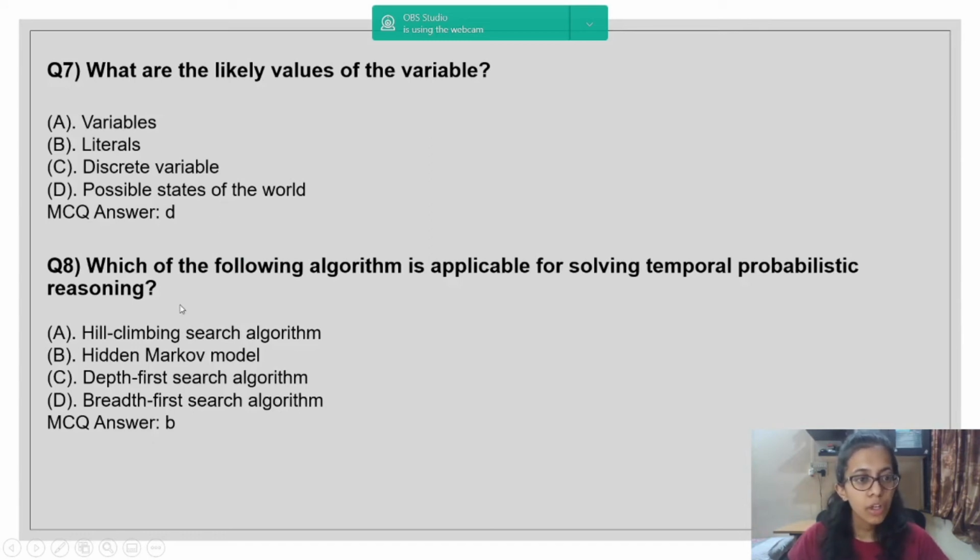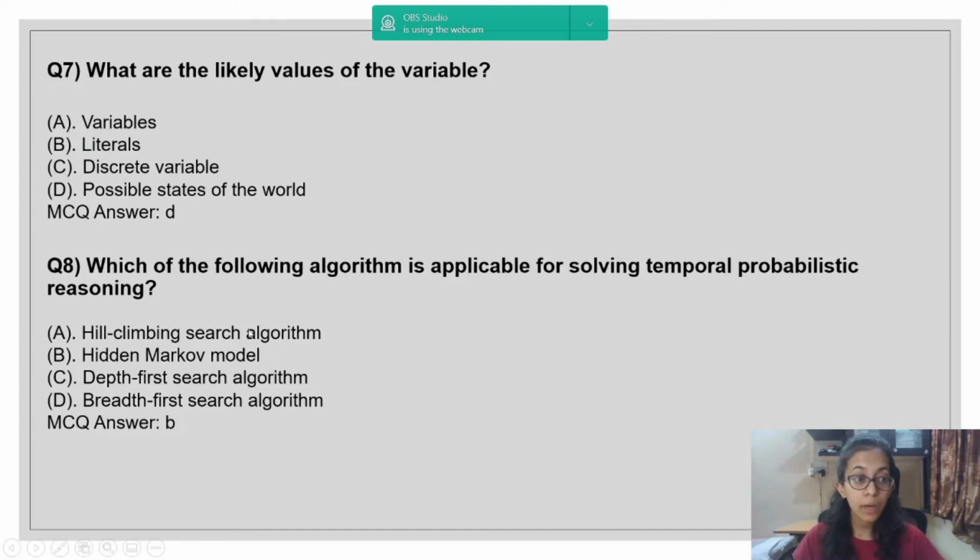Question 8. Which of the following algorithms is applicable for solving temporal probabilistic reasoning? Now here if you look at the options, options A, C and D are all similar. They are based on solving problems like traveling salesman. At least hill climbing search algorithm is used for solving the traveling salesman problem.